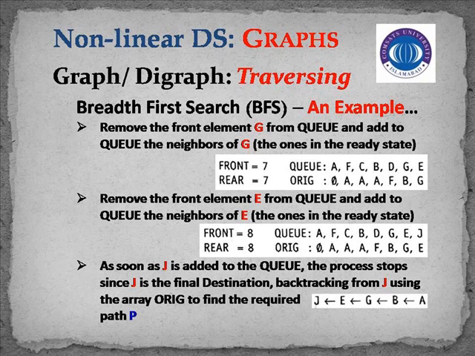As soon as J is added to the queue, the process stops. Since J is the final destination, backtracking from J using the array orig to find the required path P is then accomplished.